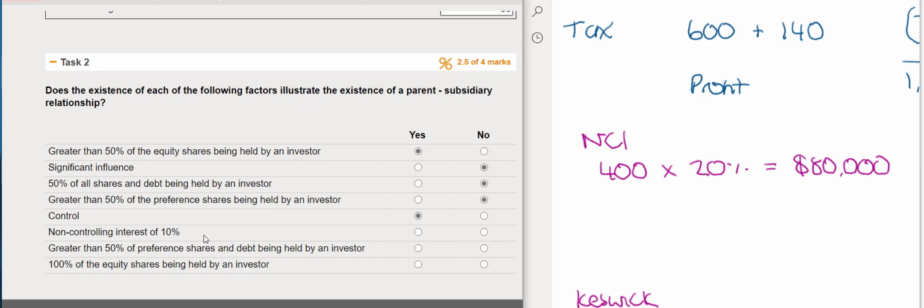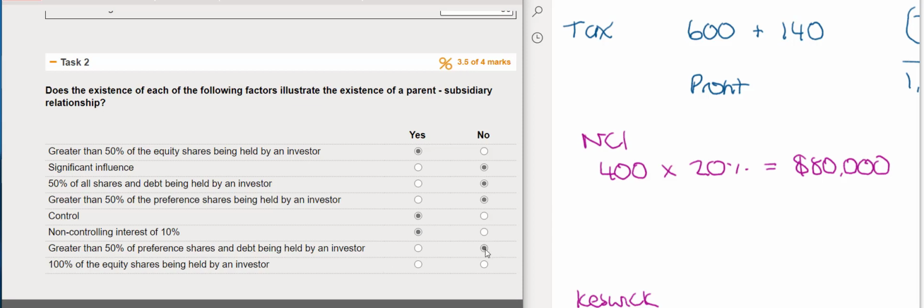Non-controlling interest of 10% means that there would be a controlling interest of 90%, which would indicate a parent subsidiary. Having greater than 50% of preference shares and debt being held by an investor, once again, looks at non-equity shares and debt, and so therefore would not have an impact on a parent subsidiary.